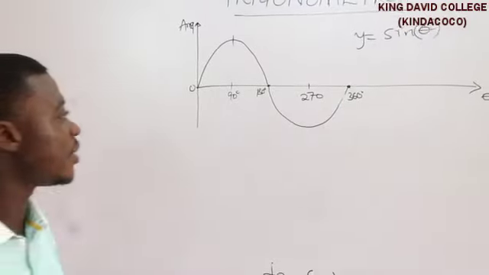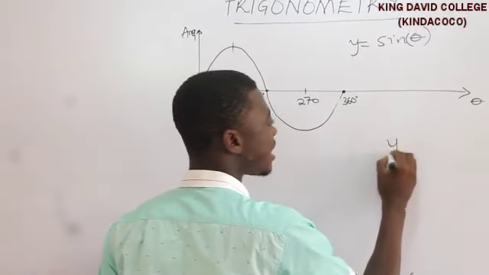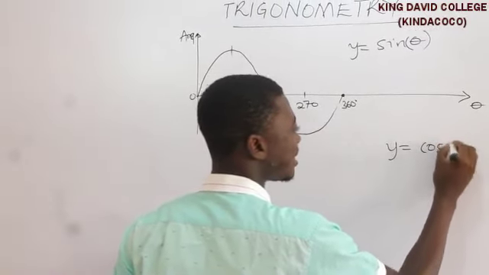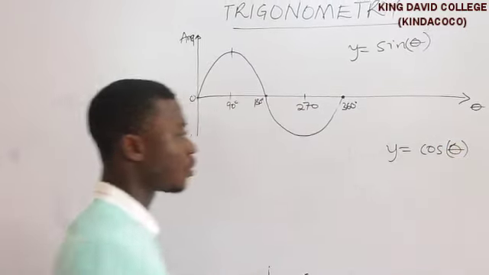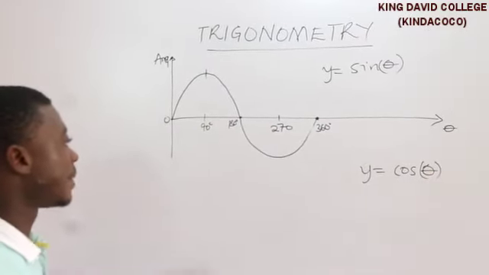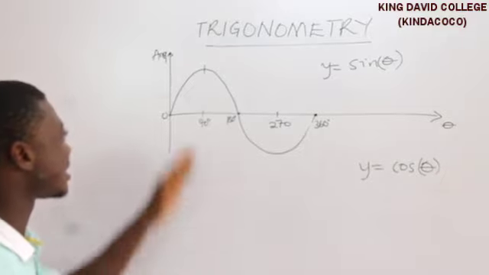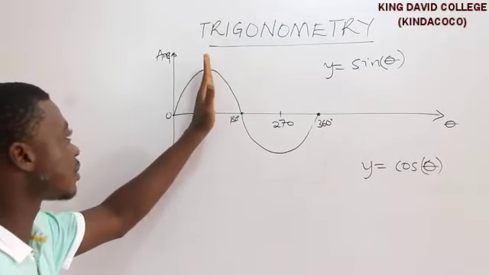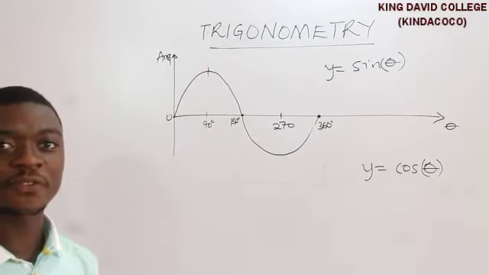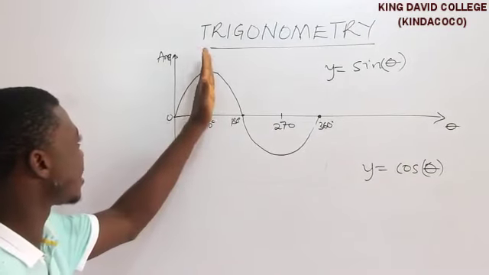Now if you are given a new function, say y equals cos theta, then the plot of that is just going to look like this, just that it will be 90 degrees shifted, a phase shift. So it's going to go this way.